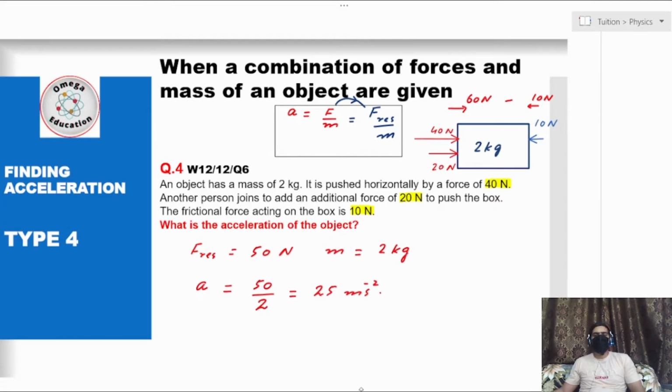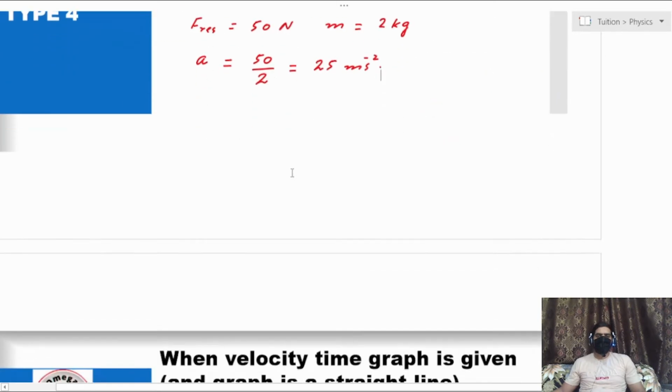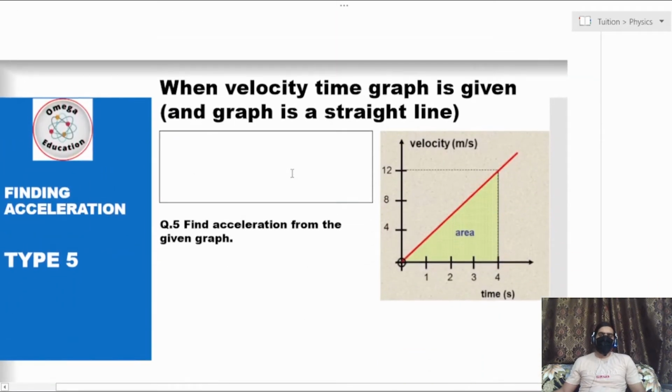Alright everyone, so let's move on to the next, type 5. This one is one of the easier ones. Sometimes you're given a velocity time graph or speed time graph, and from the graph they ask you to find the acceleration. And in this special case, the graph that you would be given is a straight line.